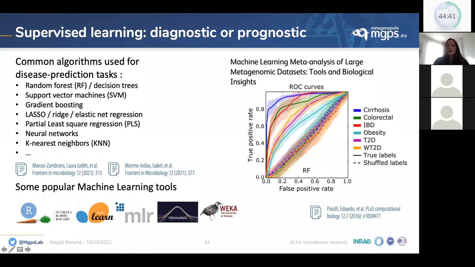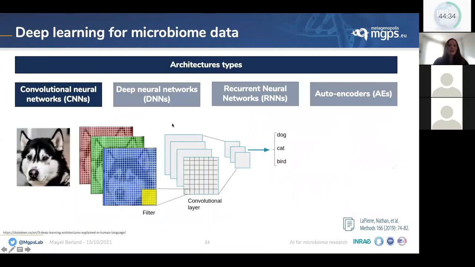So let's talk now about what you are all waiting for, deep learning. What can we do with deep learning on microbiome data? So I told you before that deep learning is good for image recognition, and it's true, but it was a little bit simplified because there are different architecture types.